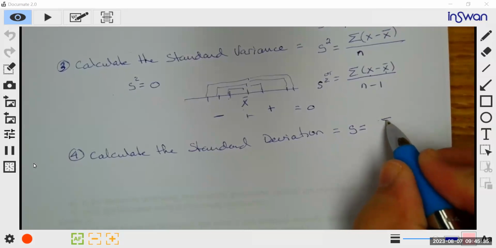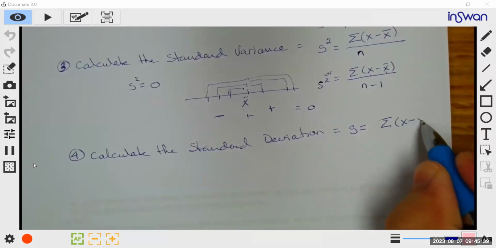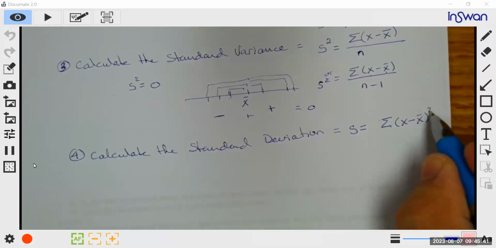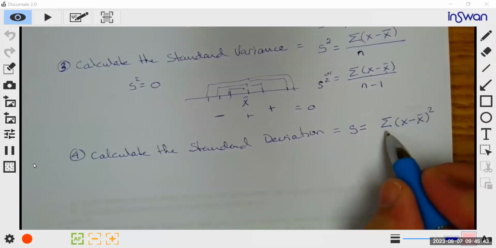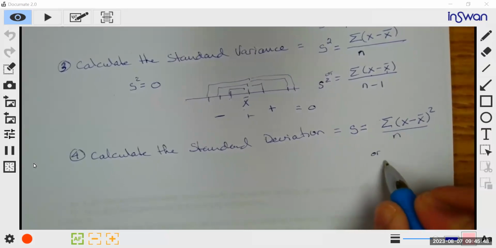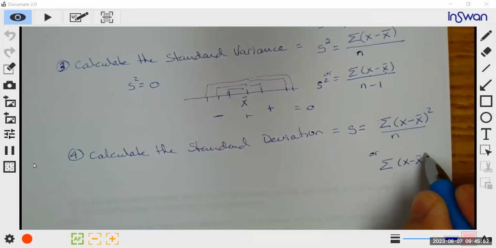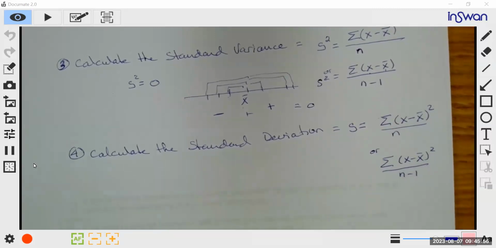And take each of our variances and square them, depending on which one you use.